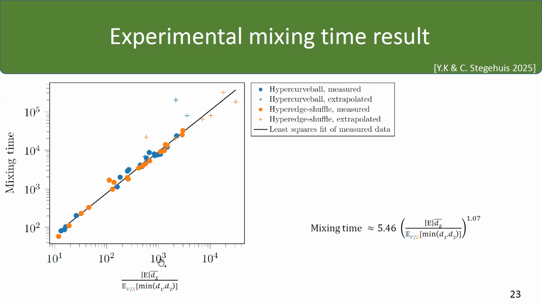So this is where the size of the hypergraph also appears. The larger the hypergraph is, the larger your mixing time is going to be. It seems to be somehow almost linearly related. That's interesting, that's really nice.